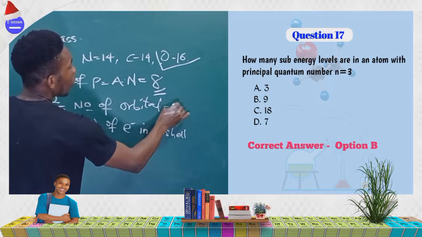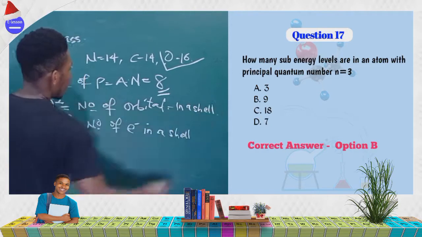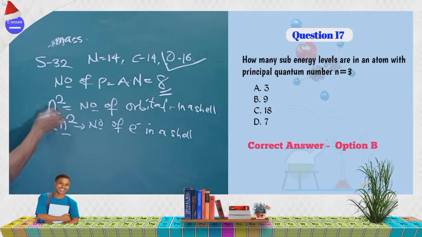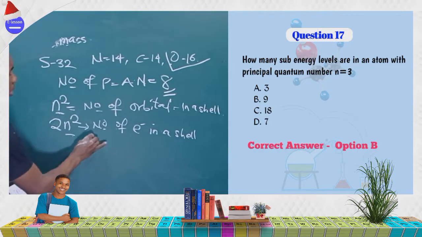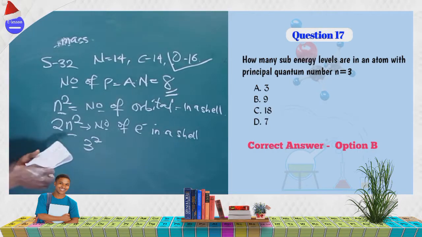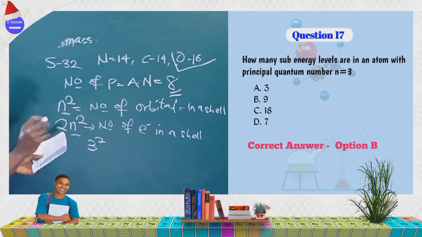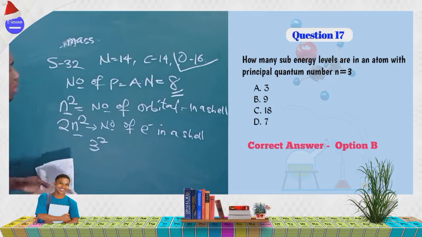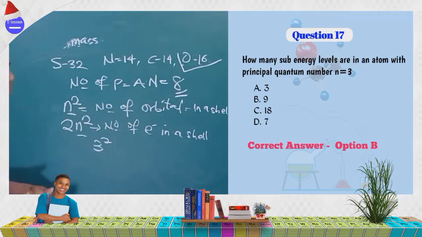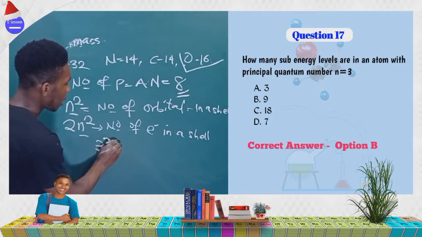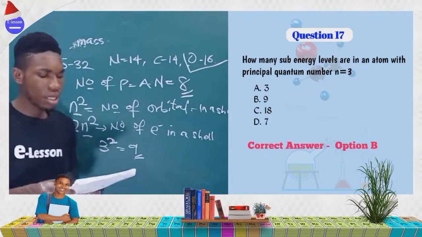This is the number of orbitals in a shell. So this gives us n squared, number of orbitals, and that was what we asked for. And this gives us 3 squared, because n equals 3. The sub-energy levels are also called the orbitals. So that is 3 squared, and 3 squared will give us 9. So we have 9 sub-energy levels.